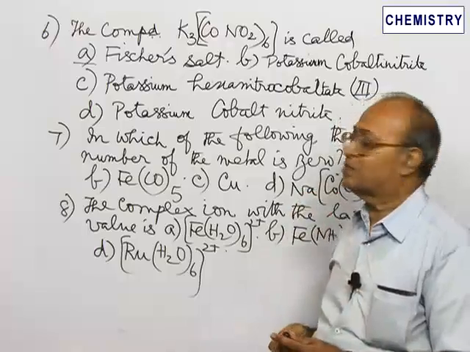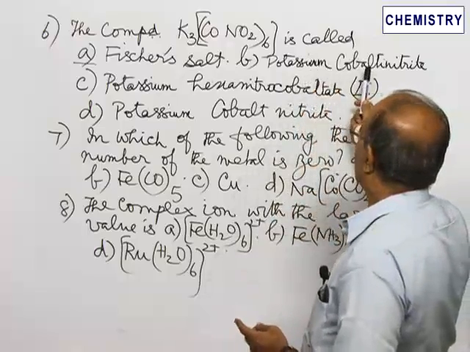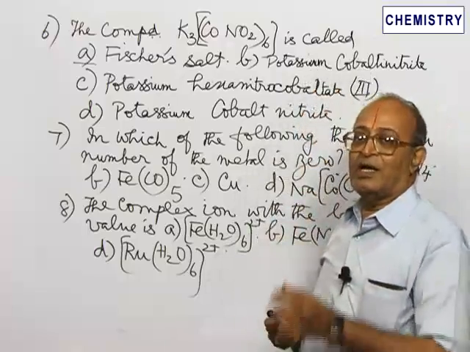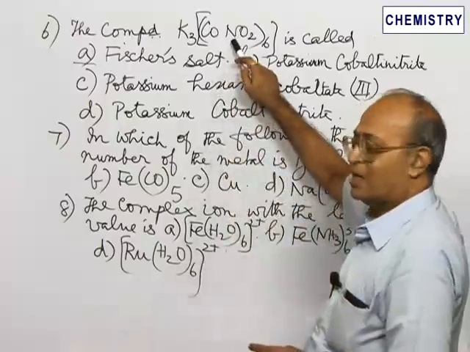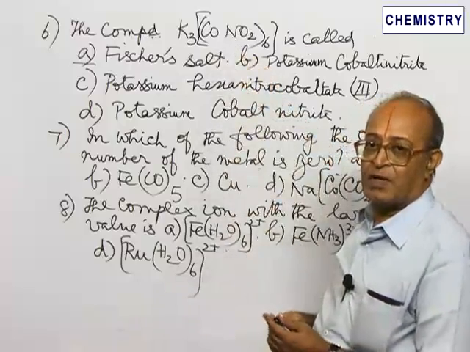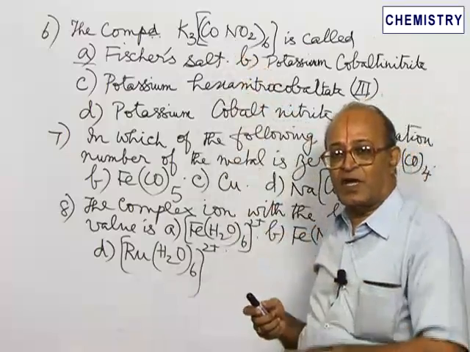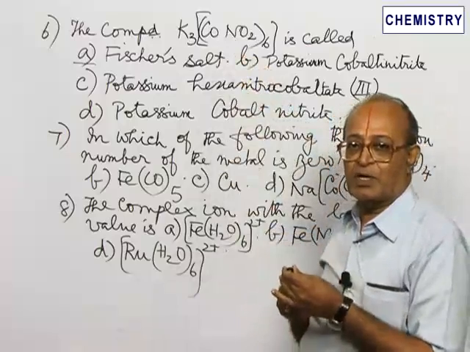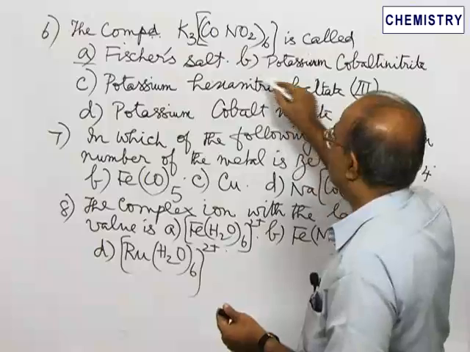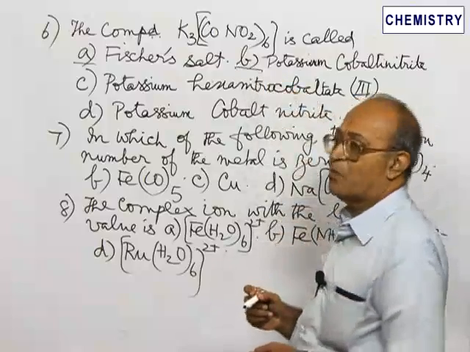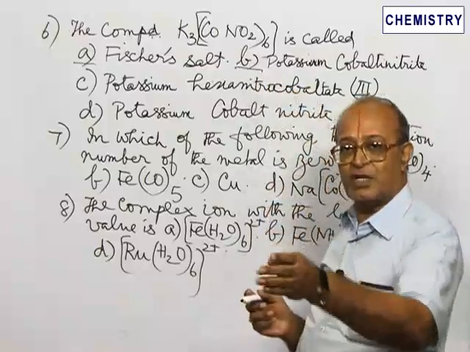These are common names. Potassium cobaltinitrite is a common name for this particular complex. That is, instead of naming this as per IUPAC nomenclature, the common name is potassium cobaltinitrite. It is also correct.